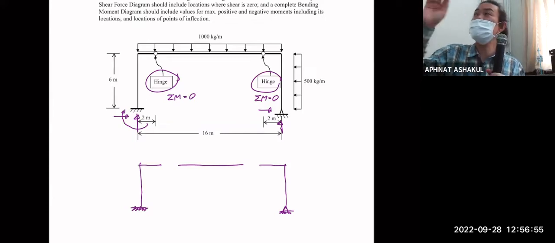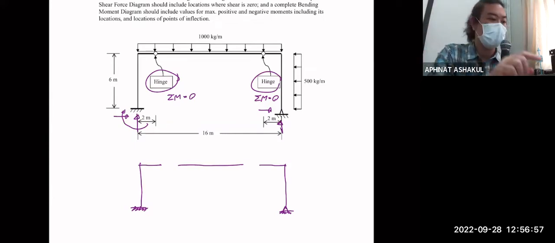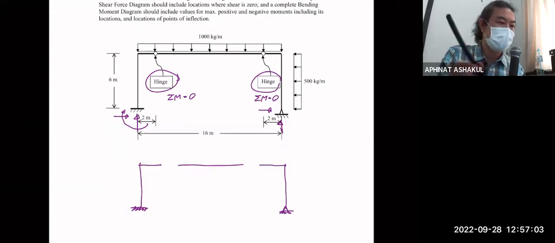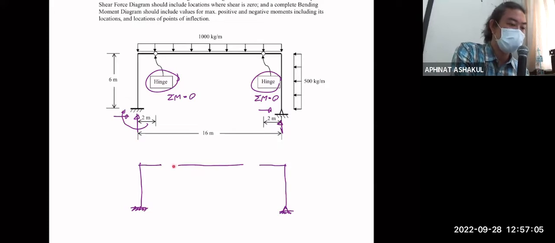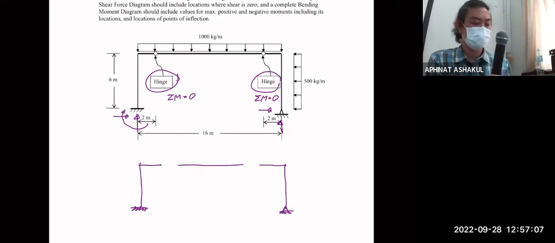Now, why don't you give yourself a minute and see where you want to begin? Okay, you know that no moment here, no moment here. You know that. How are you going to do? What can you do to solve it? Give yourself time. There's nothing wrong in this, okay?